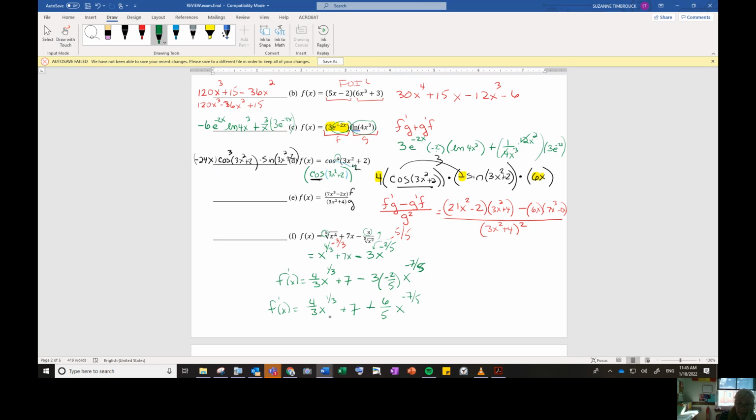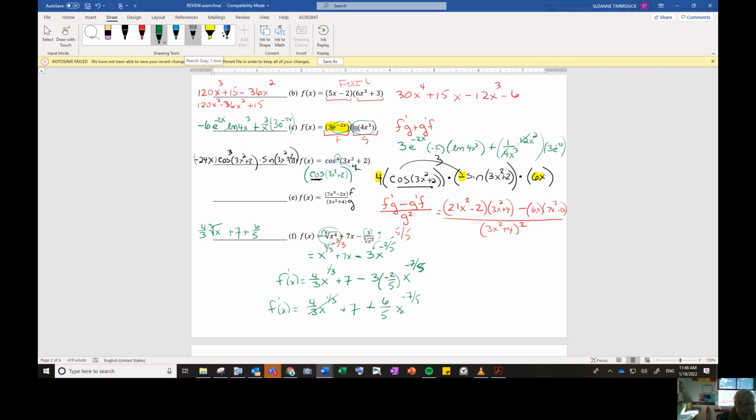Again, on the final, leave it. But just so we can see the correct answer, since it was given to us in radical form, we would have 4/3 cube root of x. That's what this is. Plus 7. Plus 6/5.